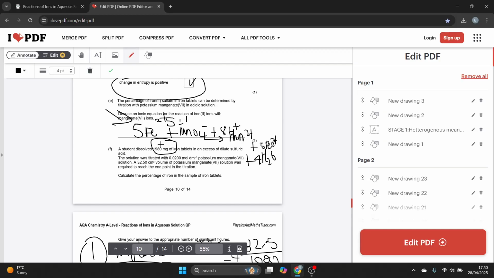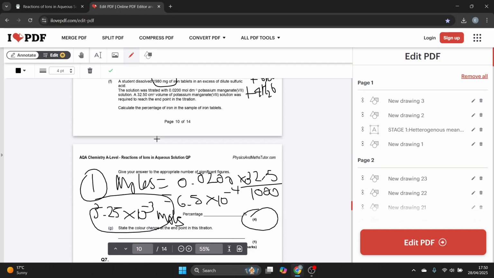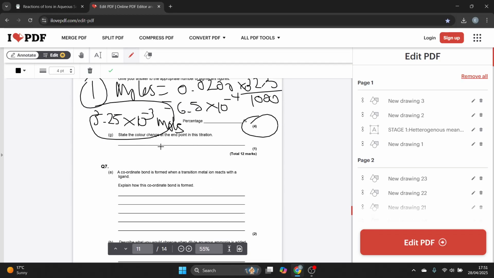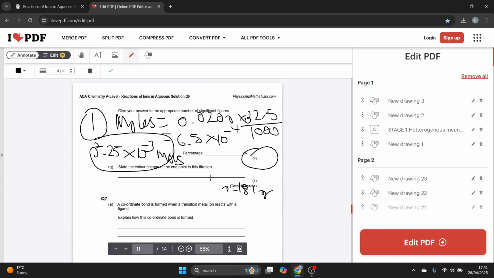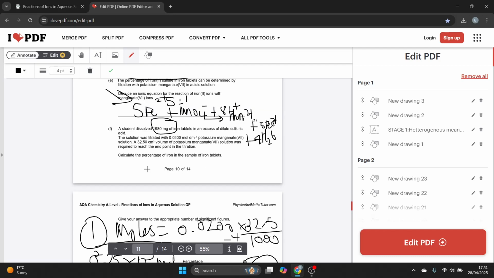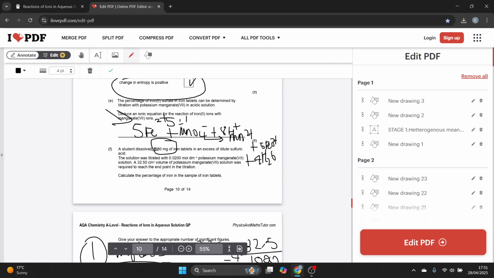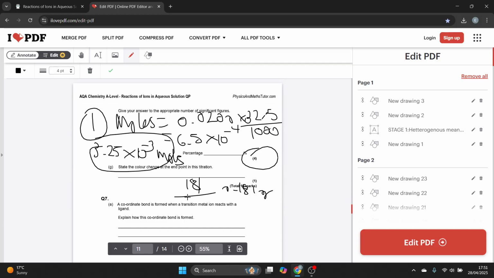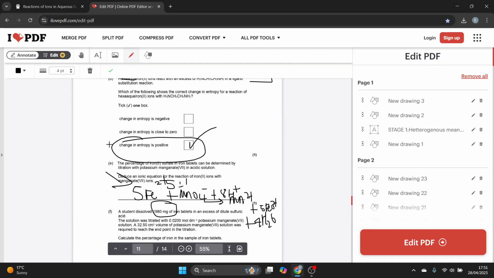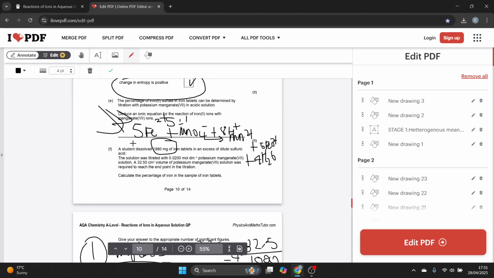I'm going to do the moles times by the Mr, 3.25 times 10 to the power minus 3, because I want the mass, times by the Mr of iron, which is 55.8, and you get 0.181 grams, and then therefore you can just do 181 milligrams over 1980 milligrams times 100, and you get 9.14%. Not too difficult, you just need to memorize the equation.